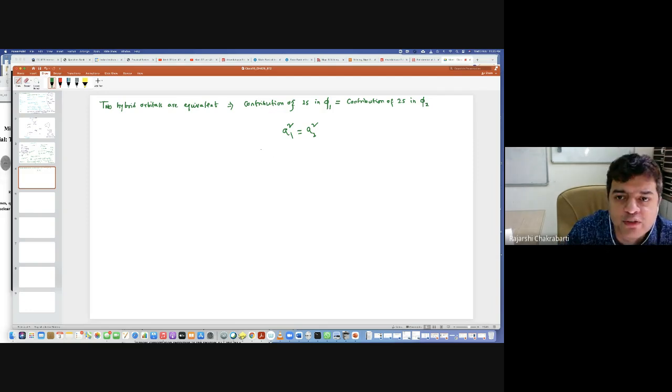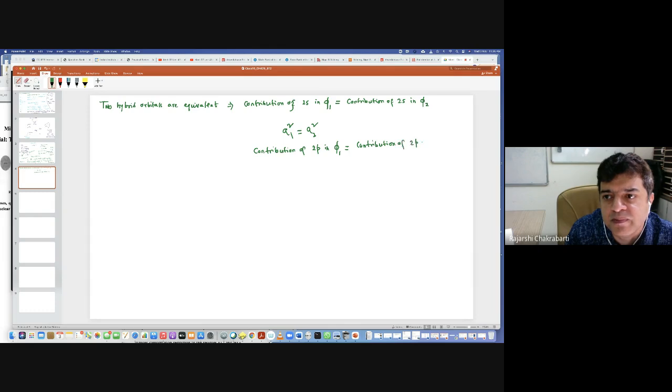Similarly, the contribution of 2p in phi 1 must be equal to the contribution of 2p in phi 2, which tells you b1 square equals b2 square. Okay, is this clear?